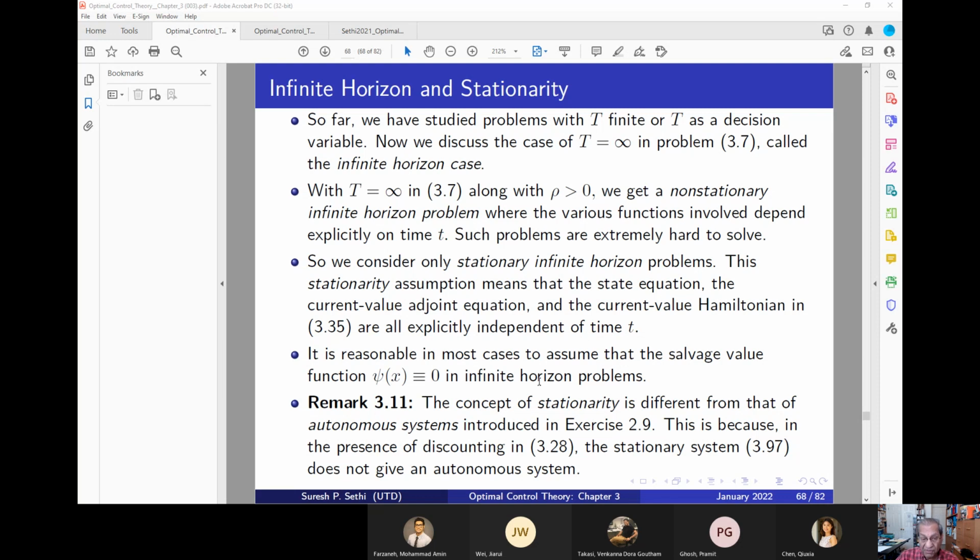But in our stationary system, the current value adjoint function is independent of time, while the standard adjoint function is a function of time. So the system will not be autonomous, but it will be stationary in our setting. Autonomous system is not a concept we use very much in our literature, so it's basically relegated to exercise 2.9 just to tell you that there is such a thing, but I wouldn't worry about it too much.